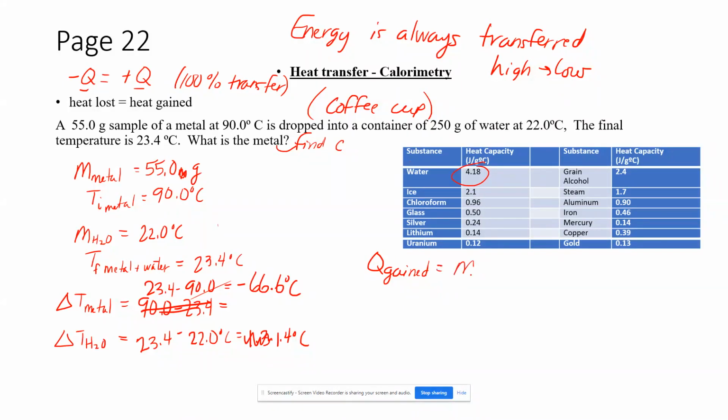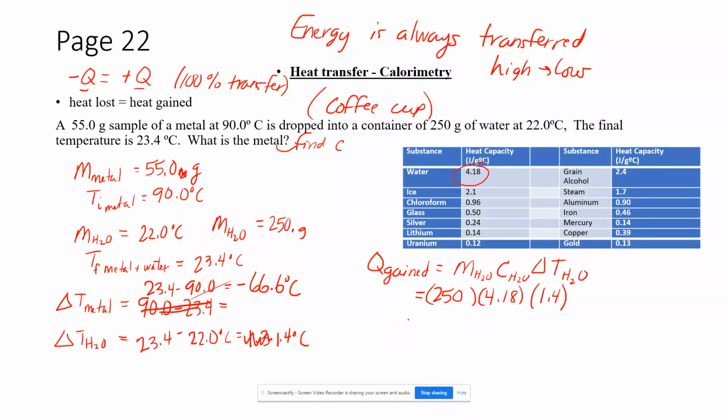That's going to be the mass of the water times the specific heat of water times the temperature change. So your whole focus is now just on the water. The mass of the water was 250 grams. I didn't write that down, I am sorry. The specific heat of the water is 4.18, and the water changed 1.4 degrees.